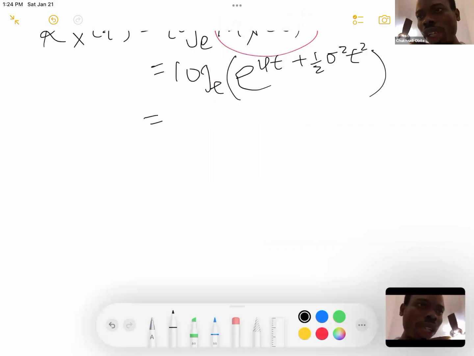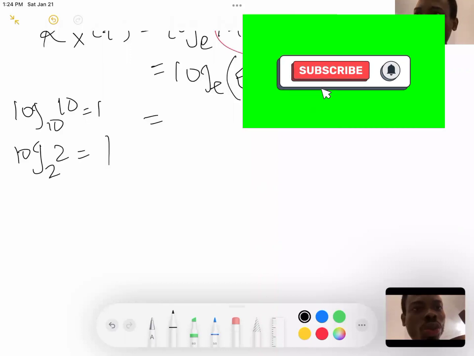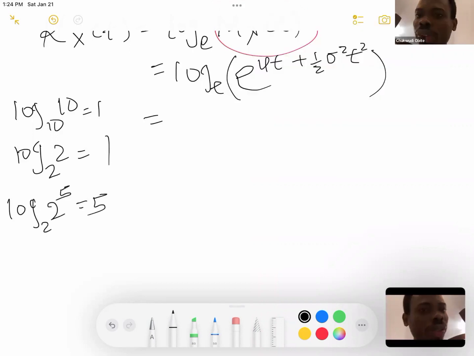So what will happen? The log e will cancel out e. Remember, log 10 base 10 is 1. Log 2 base 2 is 1. Log 2 to the power 5 will be 5. Log 10 raised to power 4 will be 4.